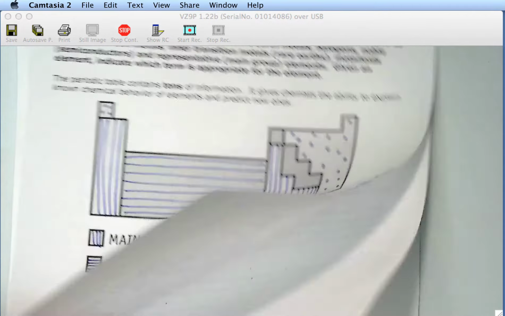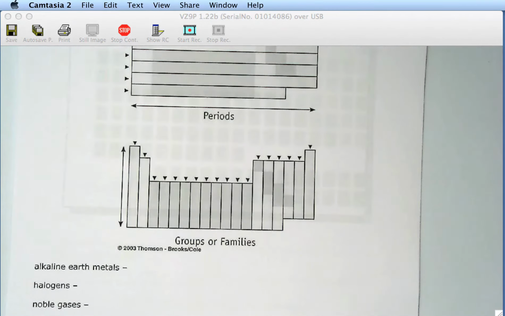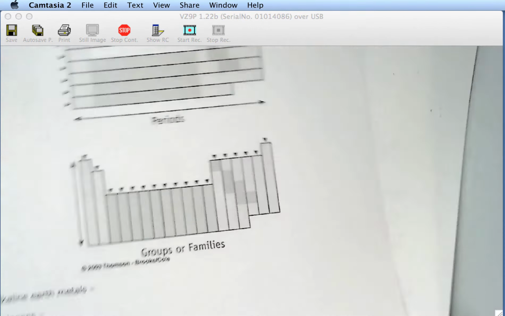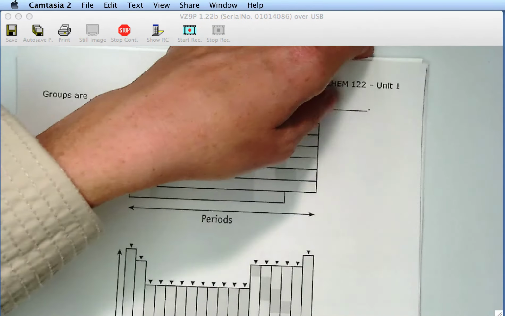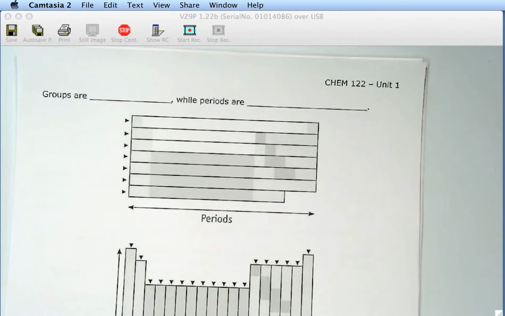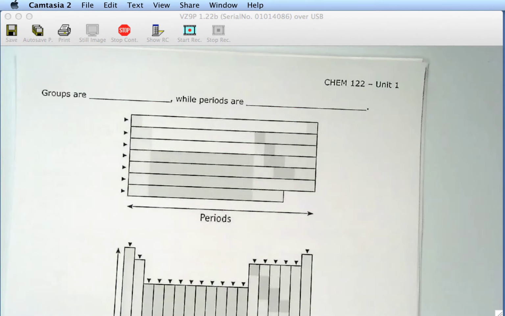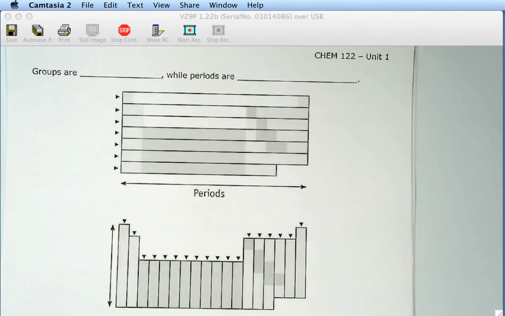So if you go to the next page, groups in the periodic table are vertical. Periods are horizontal.